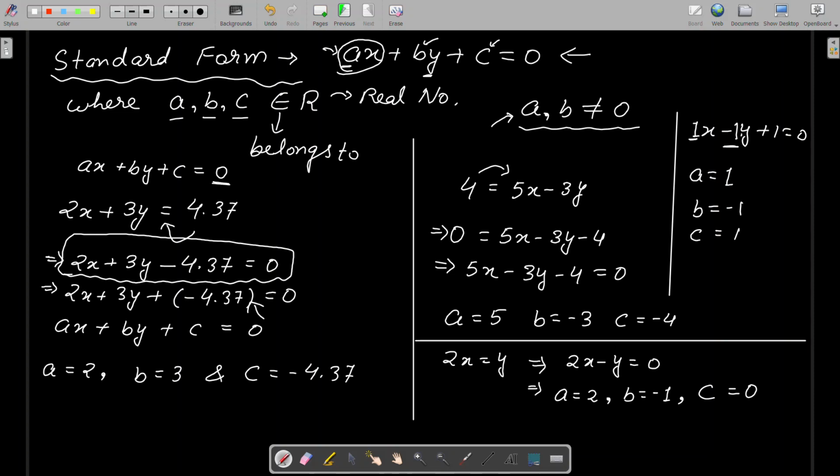Now you may find that there are certain questions which say to write an equation which is not in the form of an equation of two variables, but we need to express it in the form of a linear equation in two variables. For example, if it is written ax plus b equals to 0, where a and b are constants, we'll have only one variable over here.